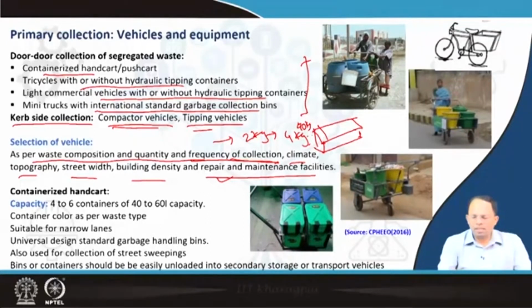After 10 houses, this vehicle will get filled, because each house is generating 4 kilos. Then it has to take the vehicle back to the secondary storage, unload, and come back. If the secondary storage is too far away, you will lose a lot of time. Instead, if you do daily collection, there are 2 kilograms of waste per house, so instead of 10 houses, you will be able to collect from 20 houses.